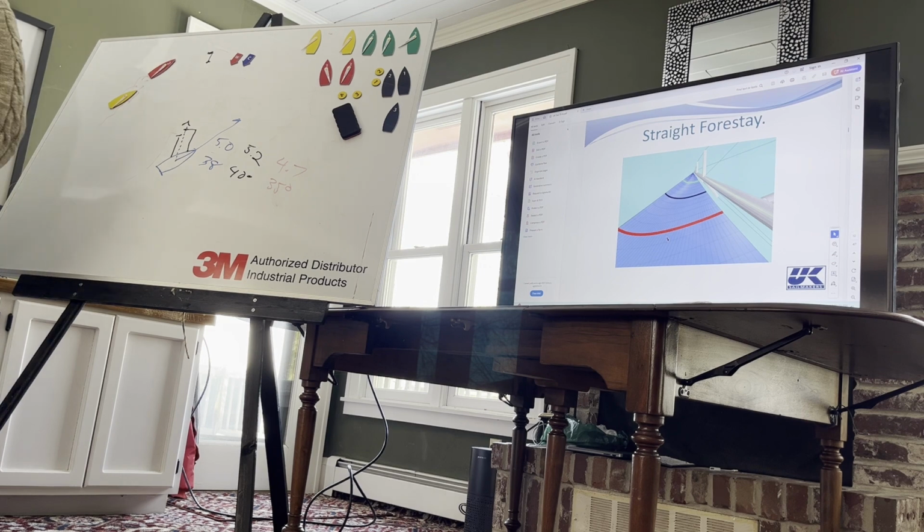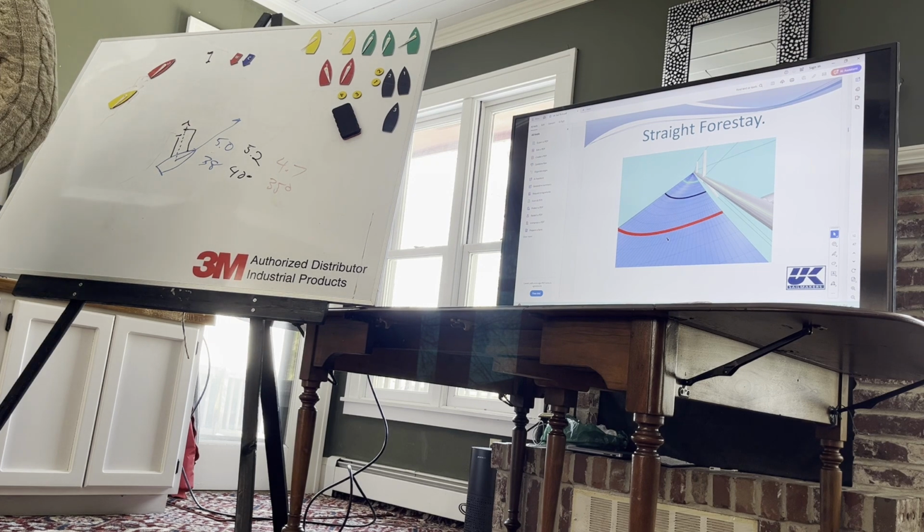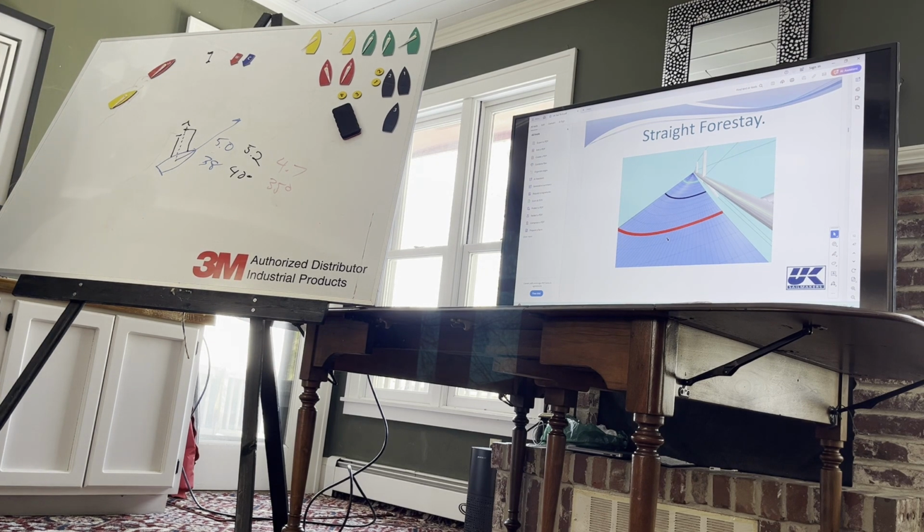Let's talk about what is the most important control for jibbing. There's a hint, it's on the screen. Forestay. What does the forestay do? It's either straight or it sags. Here's a headstay with sag. Here's a headstay that's tight.